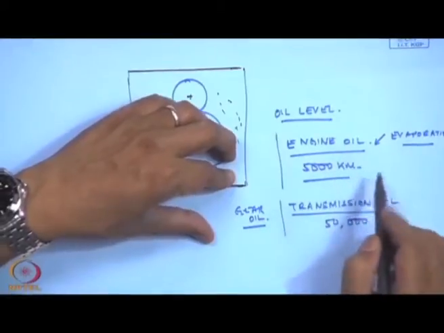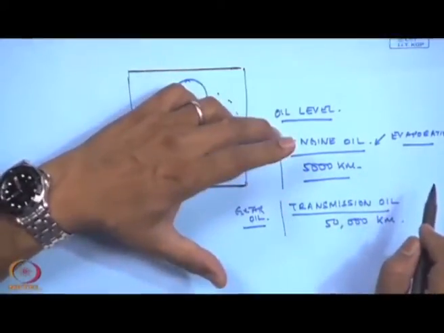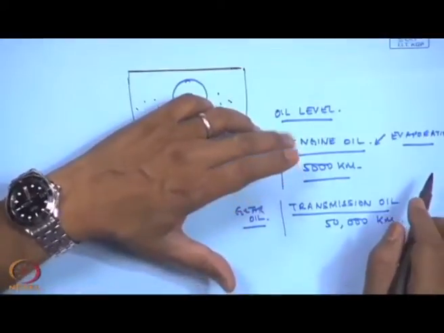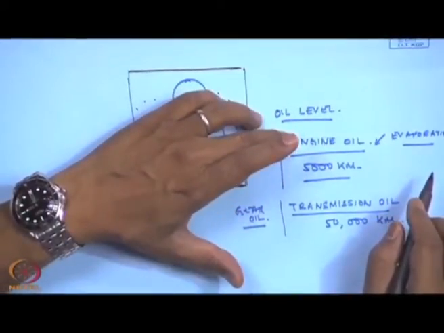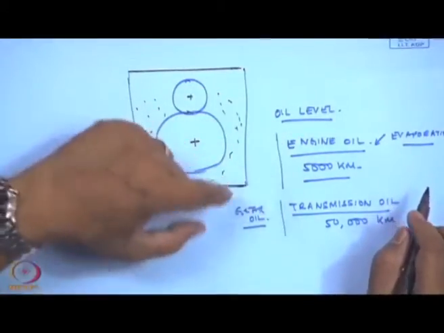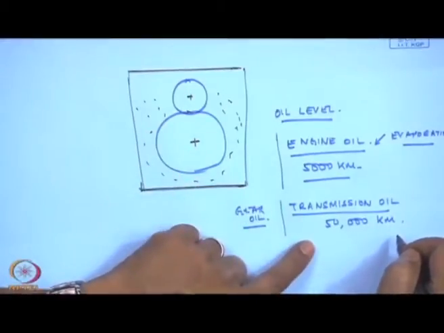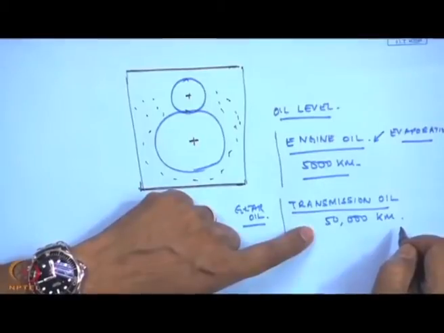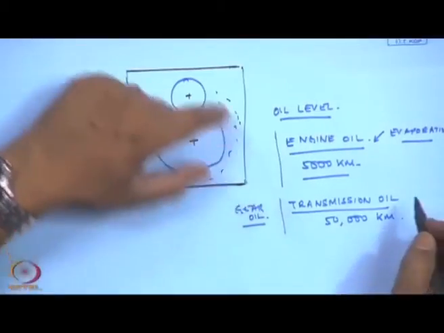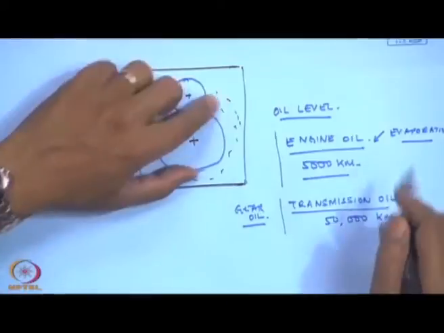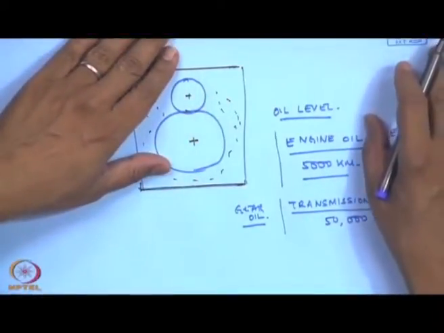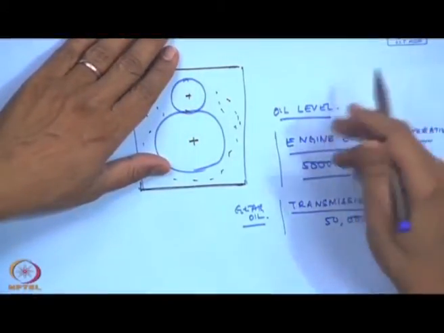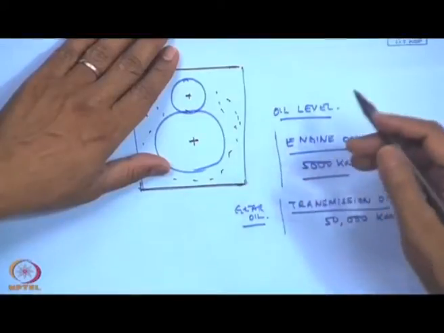Of course, the purpose of both is the same, to lubricate and reduce the friction in the mating engine components and the mating gear components. But because these are at a lower temperature than the engine oil, we need not replace them or check their levels before 50,000 kilometers.